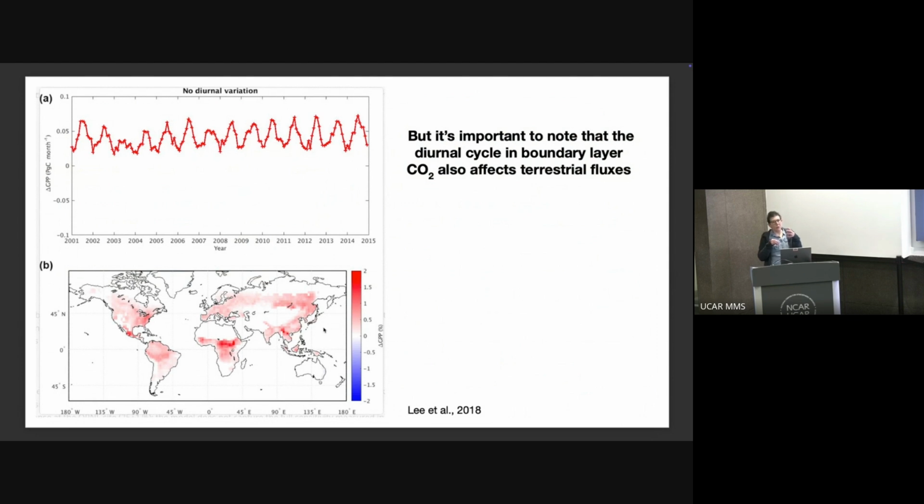And so your photosynthesis rate decreases a tiny bit because your plants are awash in locally less CO2. Whereas when you don't have those diurnal effects and you're just averaging over daytime and nighttime, the plants have more CO2 concentration around them during the day.